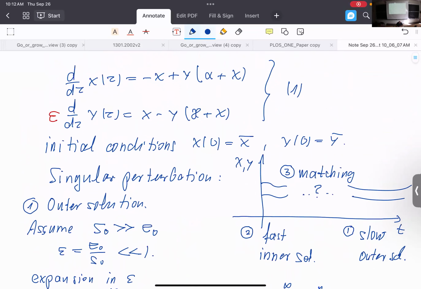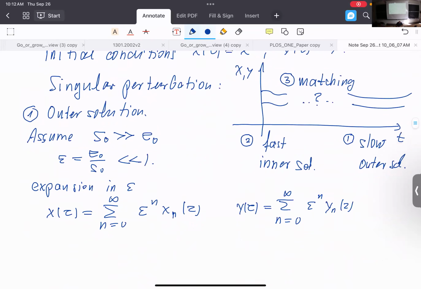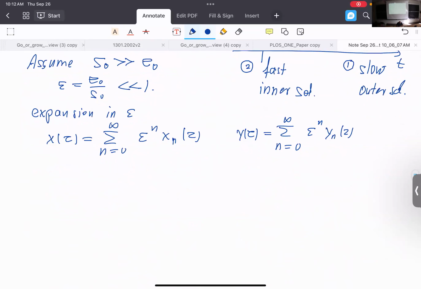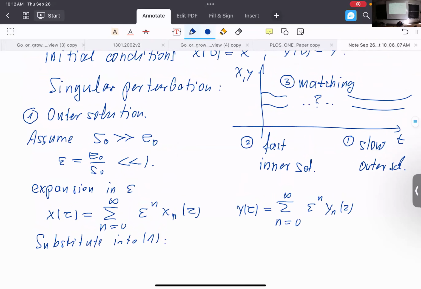So where's my equation number 1? So wherever there's x, I put in the sum, and wherever there's y, I put in the other sum, and it's going to get a bit cumbersome, right? So we have to replace everything here. I want to deal with the time derivative right away.